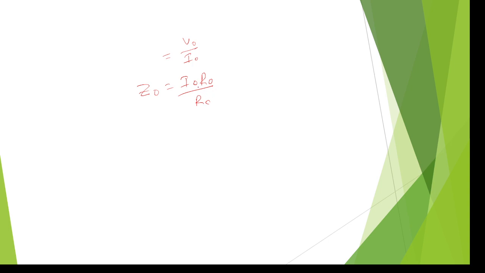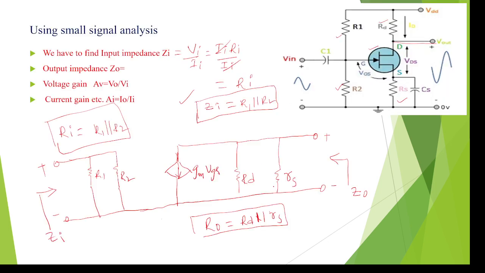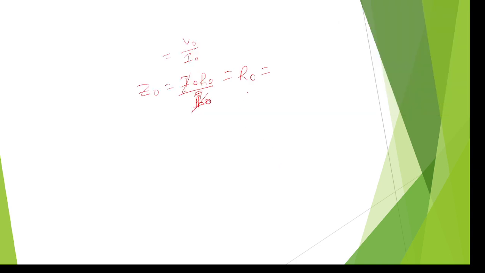So I0 cancels, and R0 is there, but we have already found R0 equals RD parallel to RS. So I am writing here RD parallel to RS. That's it. This is the output impedance.